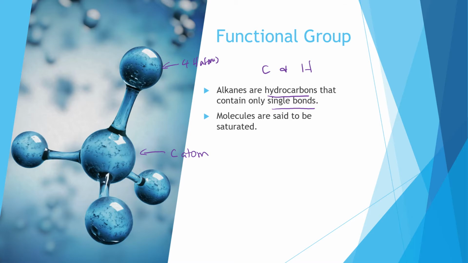The arrangement is tetrahedral, and this is to spread the electron pairs as far apart as possible. The molecules are said to be saturated, and that's because they only contain carbon-carbon single bonds.